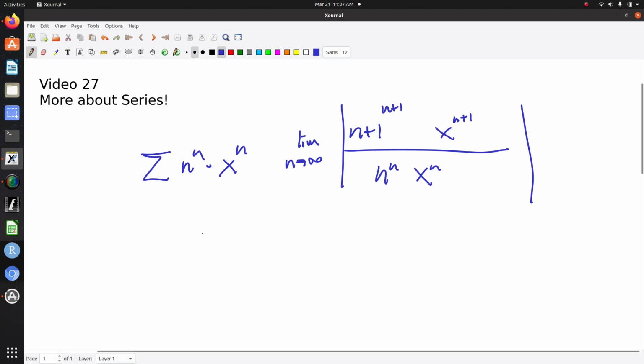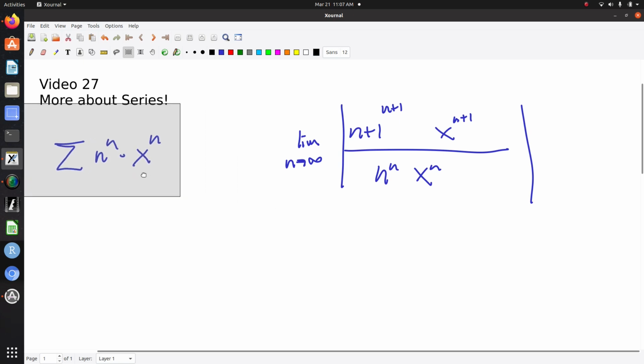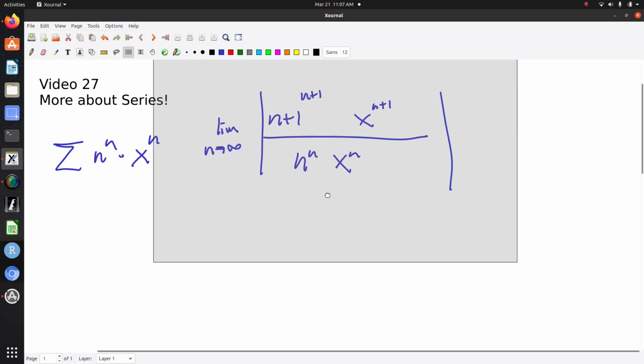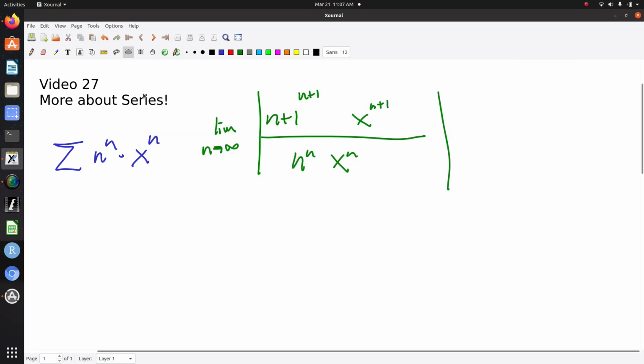All right, so you're going to tear this thing apart and ask, what do we have here? We have some cancellation. We can get rid of all but one of these x's. But then what do we do with these n's? The problem now is, what is this n plus 1?